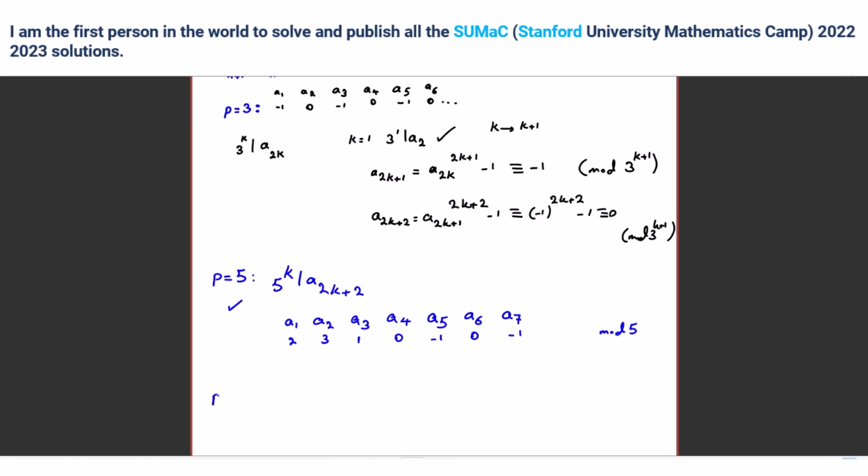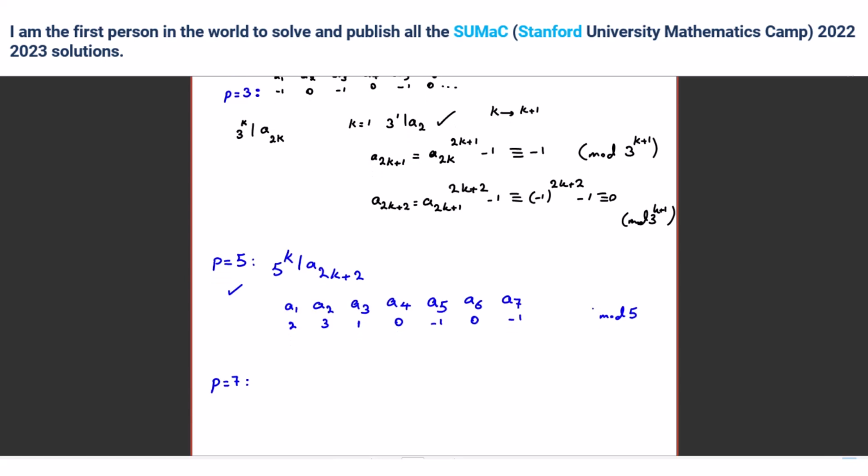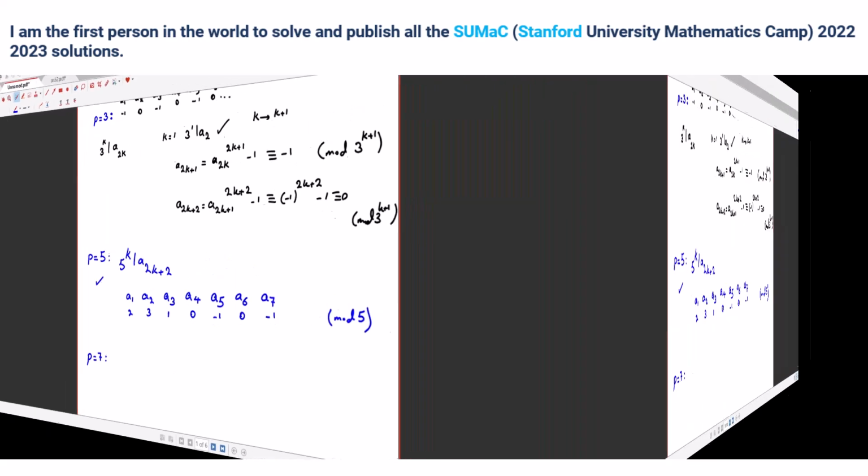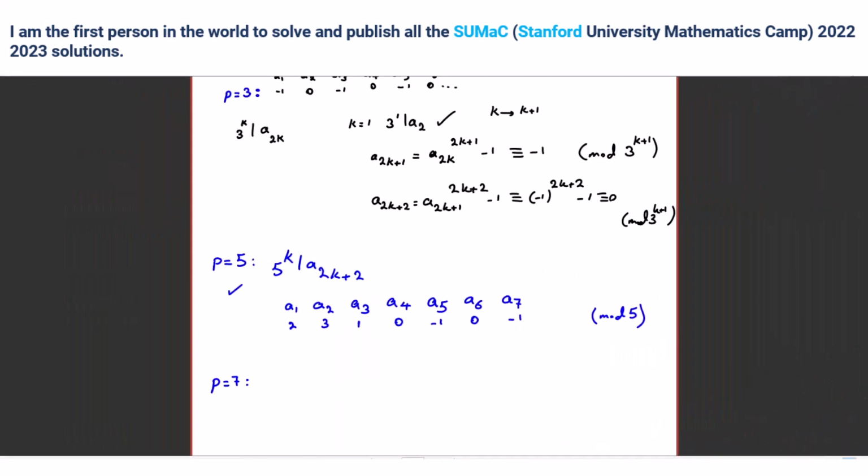Now for p equals 7, we cannot use a similar thing, and at this point we try. Maybe from here we can reach another solution. So try to check p equals 7 on your own first, okay? Alright. One hint or do you want to keep trying? Can I have a hint?